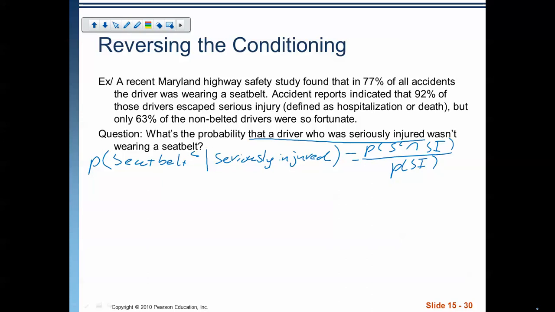That is a direct application of P of A given B equals P of A and B over P of B. That's our formula for a conditional probability. All I've done is apply it to our current events.